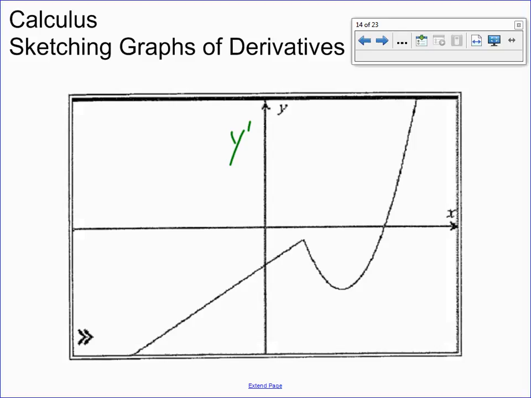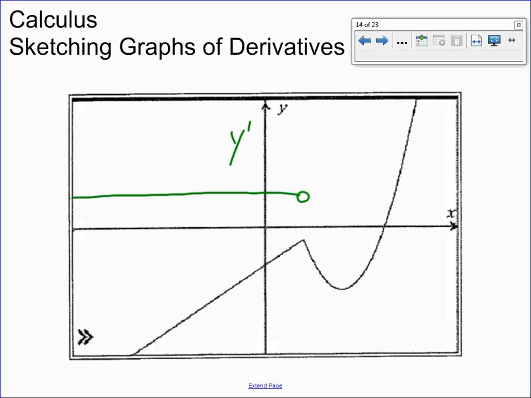When y is a constant rate of increase, y prime will be a constant positive value. So I'll arbitrarily choose a positive value since we're not scaled here, we're just doing this qualitatively, so my y-axis isn't scaled for my derivative, but I'm going to choose some positive, not too high value because that's not too steep, but it'll be a constant line segment up until that corner, kink or cusp.